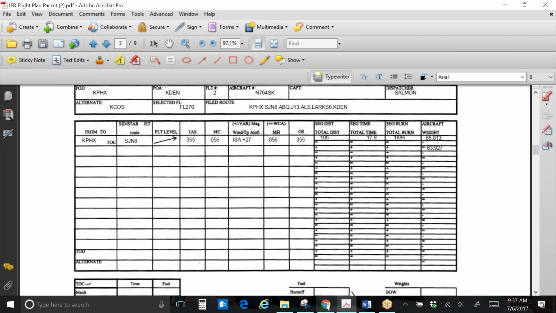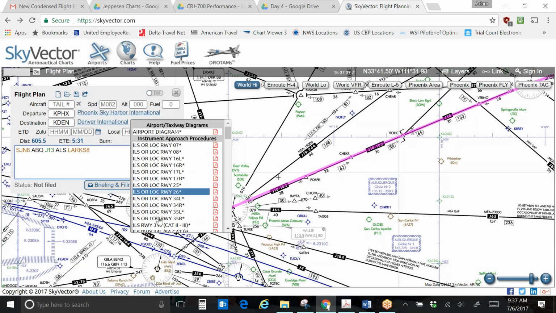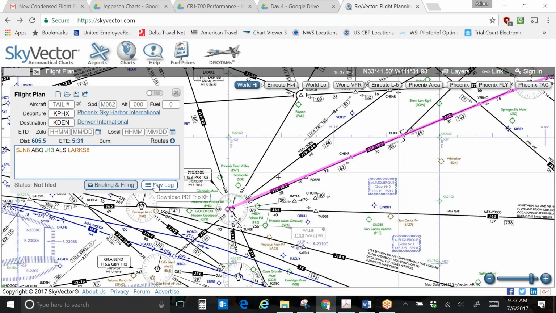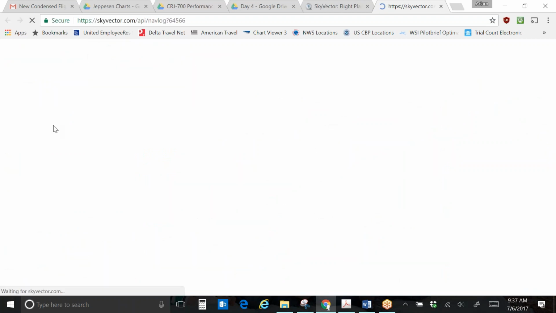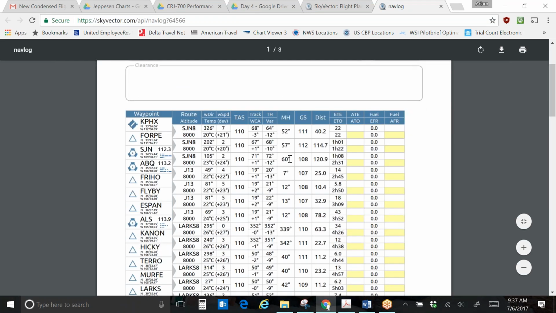So staying on the top of climb for just a minute, go back in. We need to figure out where along the route this actually is. So I'm going to click on the nav log. So here's this.